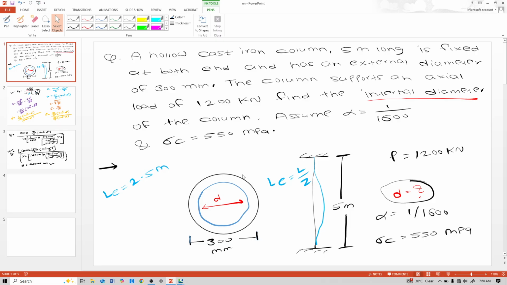See that hollow circle, with the help of that boundary conditions, we got that L_e is equal to L by 2. We calculated that area by using that geometry. We calculated that moment of inertia by using that geometry. So area and moment of inertia are dependent on geometry, and effective length is dependent on boundary conditions.